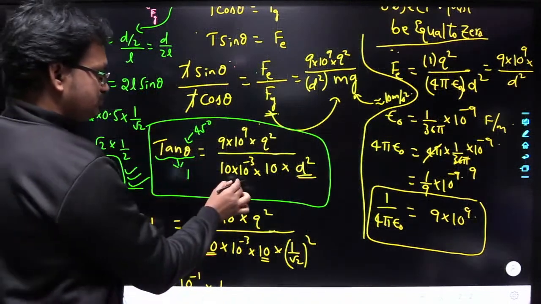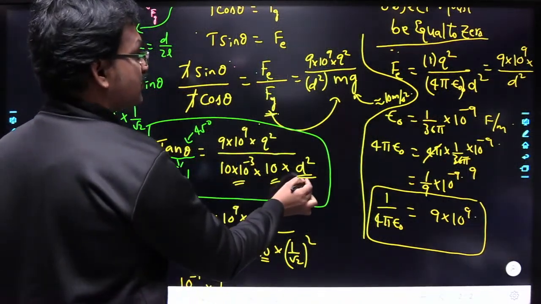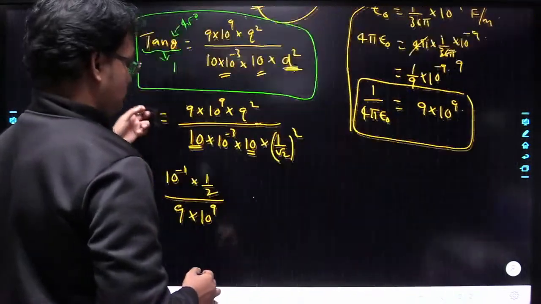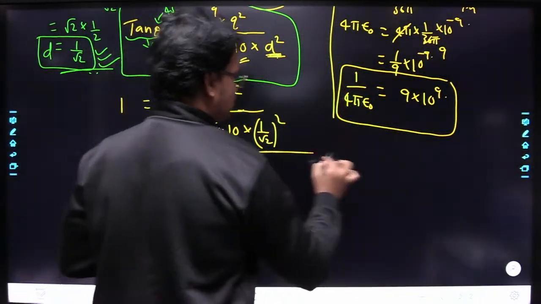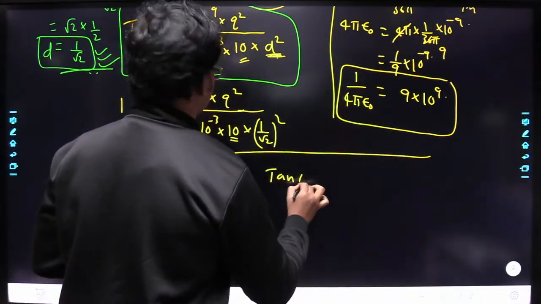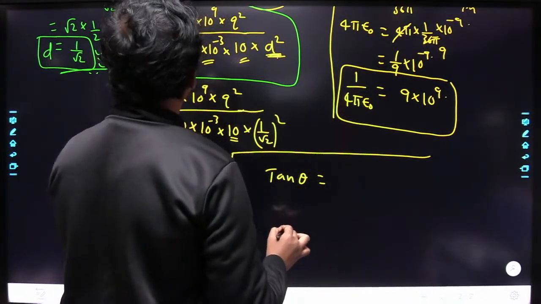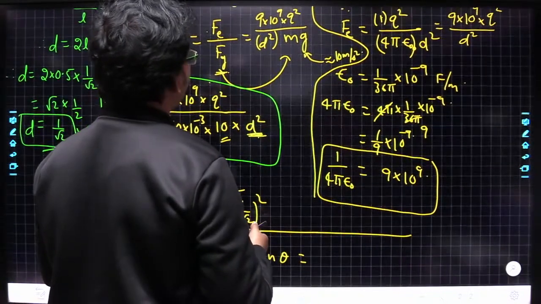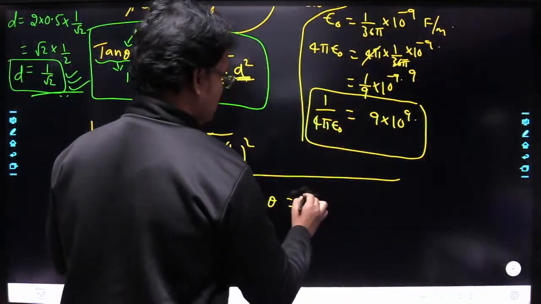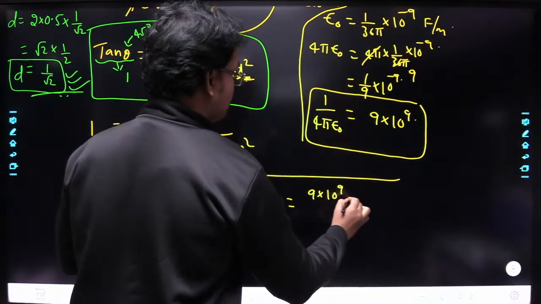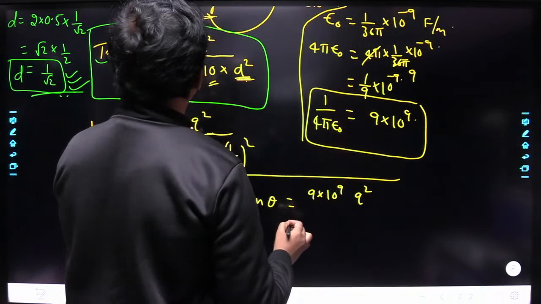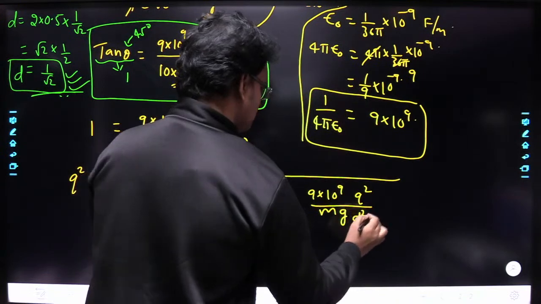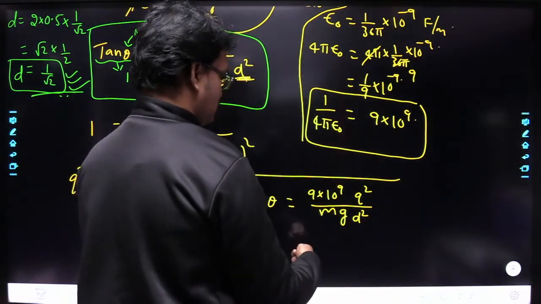So this is m g d square. Okay, so tan theta, what we got, tan theta is equal to 9 into 10 power 9 q square divided by m g d square.